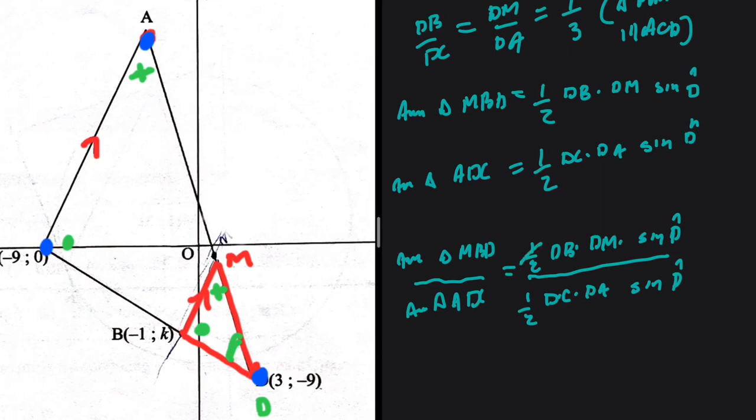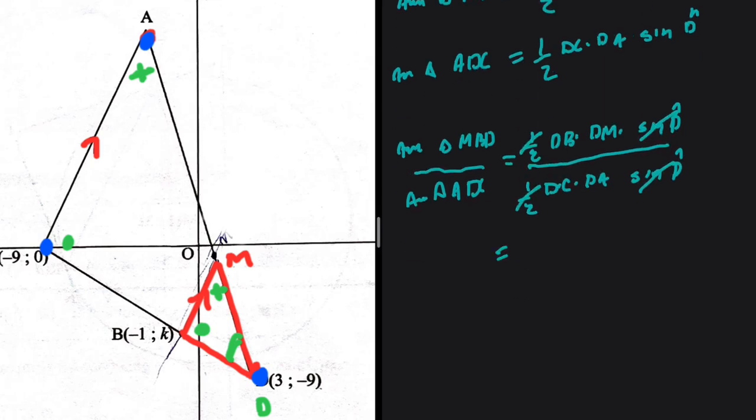So take a look at this. A half and a half cancel out, sine of angle D and sine of angle D cancel out. We are left with DB over DC multiplied by DM over DA.